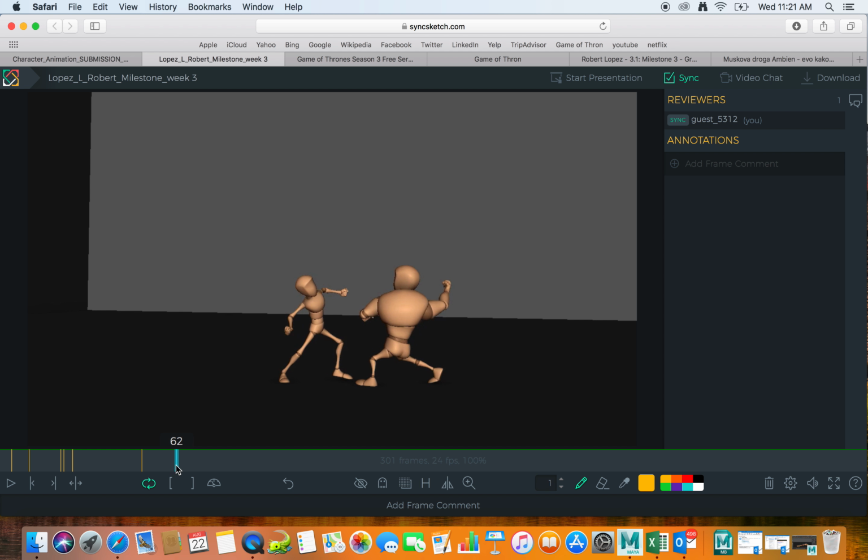Again, when the foot is coming down, the contact first is with the heel. So this would probably look better like this.